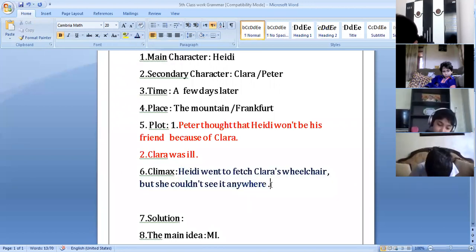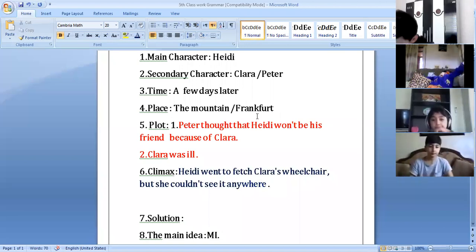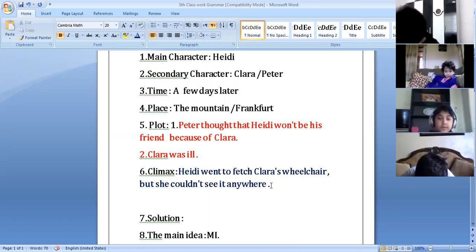So this is for climax. Heidi went to fetch Clara's wheelchair, but she couldn't see it anywhere. This is for climax part 1, or number 1, or A. Okay.